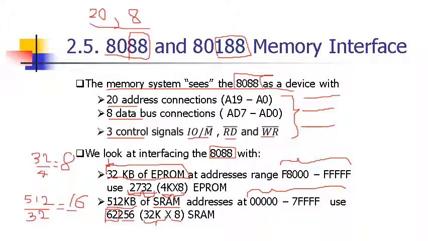So in the first example, we need 8 EEPROM chips to be connected, and here we need to connect to our processor 16 SRAM chips. How do we do so? We'll see.